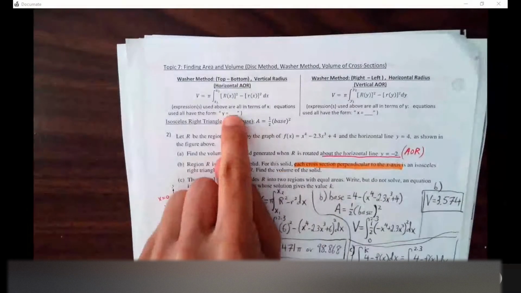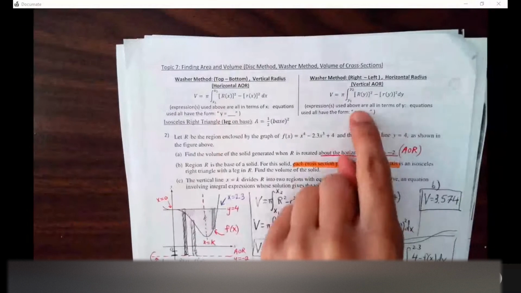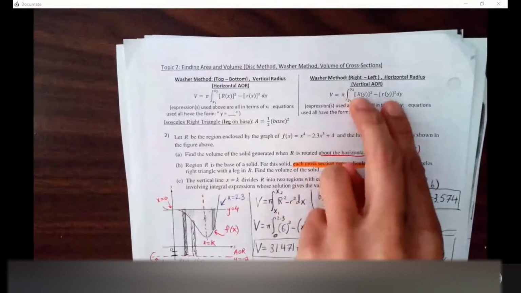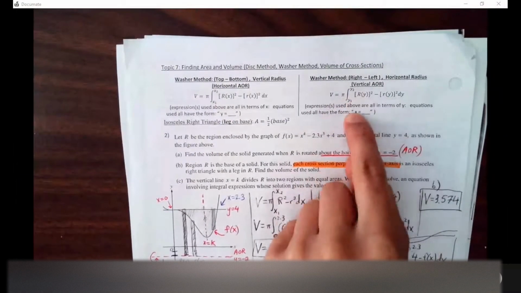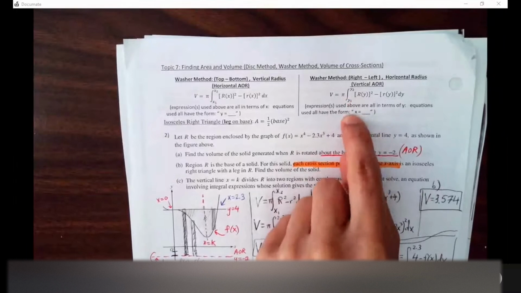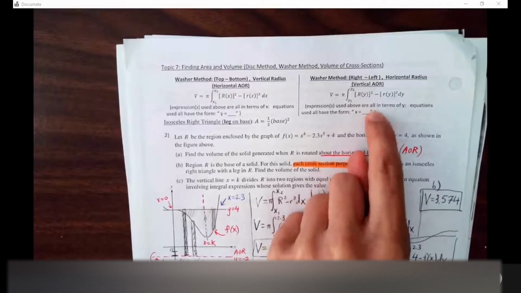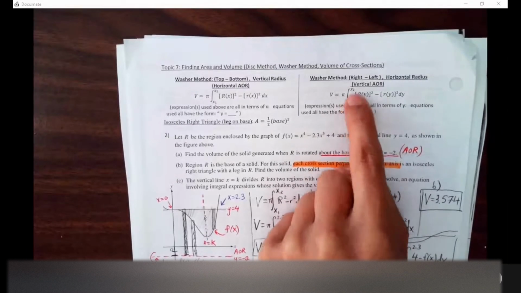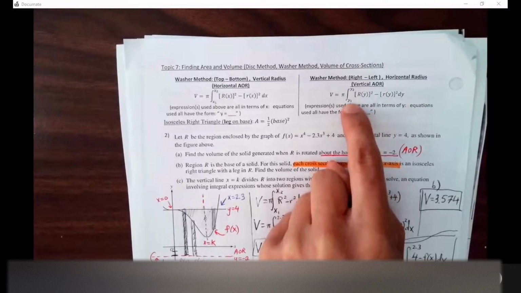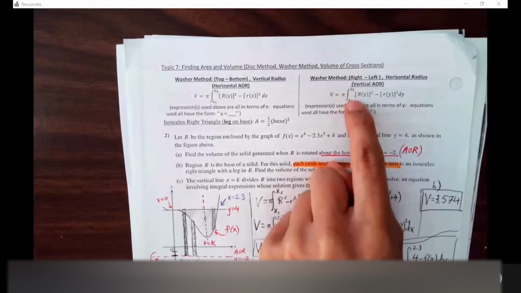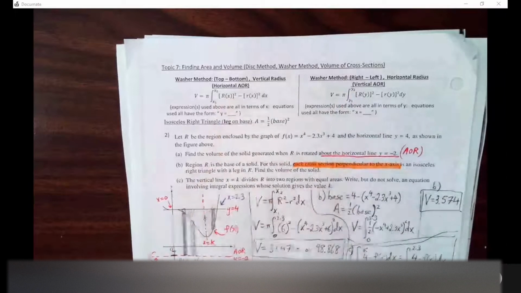So if we're dealing with top minus bottom, this is perfect. But with right minus left, everything that's inserted has to be in terms of y. So we isolate the x on one side so everything is in the perfect form to plug in. Also, our bounds need to be adjusted. It needs to go from y1 to y2, lowest to highest y value, instead of left to right x values.